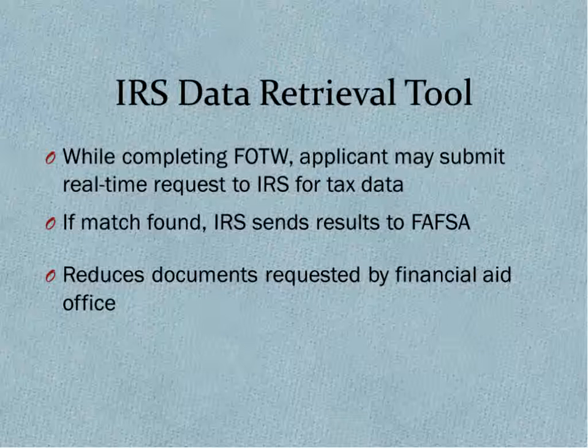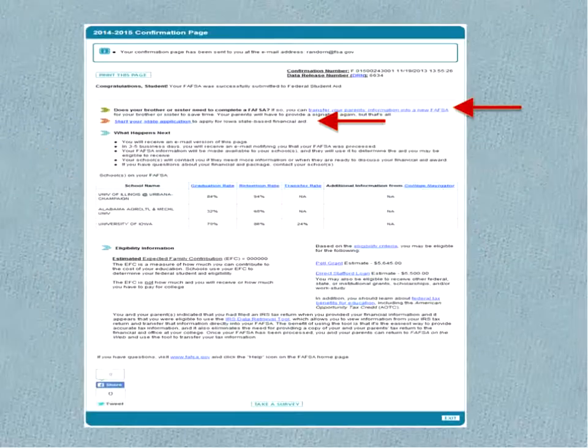So that can help as well, like I said, with reducing the documentation that we might need. You can always go back in and use it at a later time to retrieve your tax information.